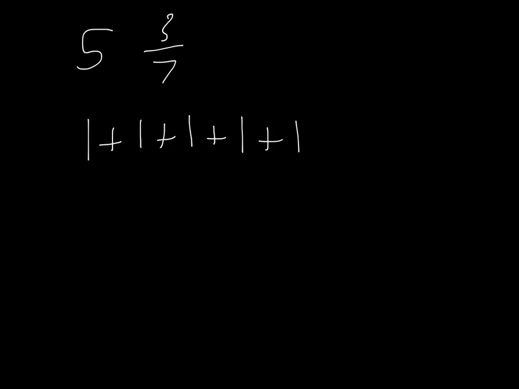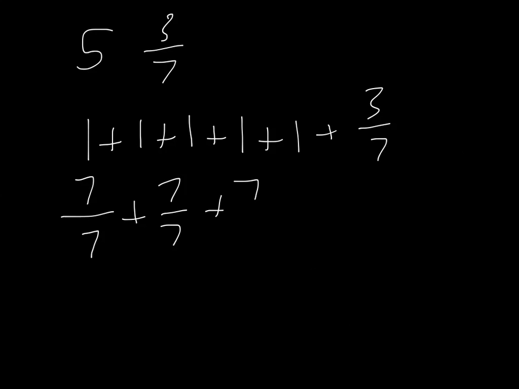That's my 5 plus another 3 over 7. Now, if I have to express a 1 as a fraction over 7, what would it be? Brooke? 7 over 7. It's all of it, all of the sevenths. So that's what all of these would become.